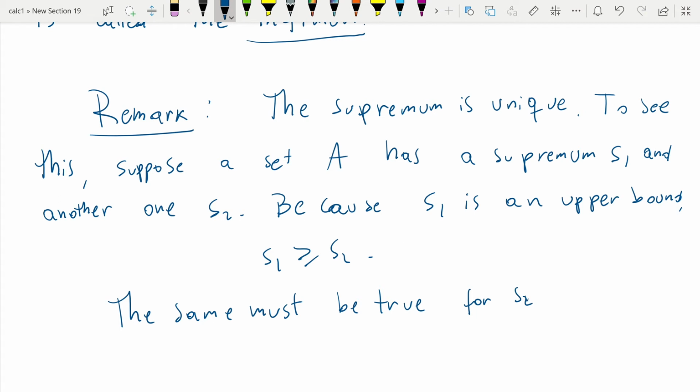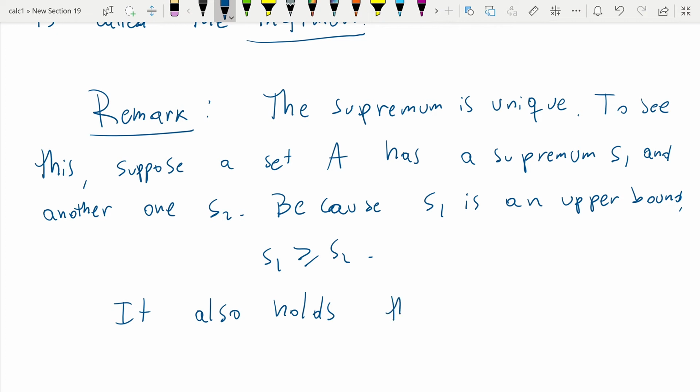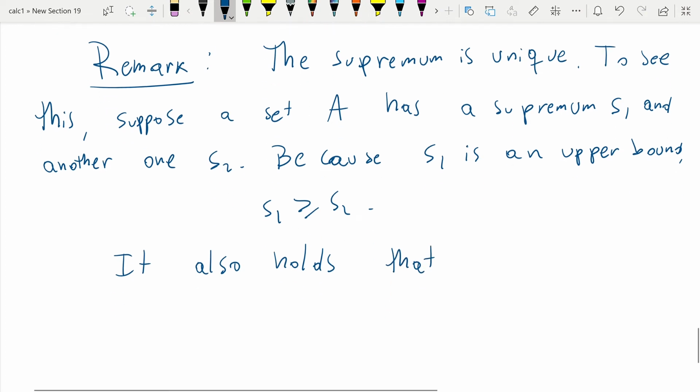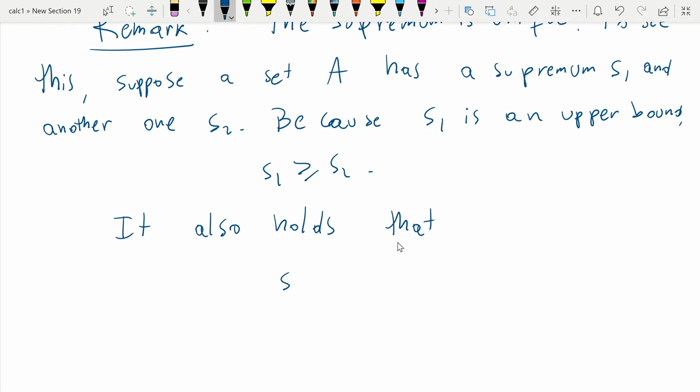So let me rephrase that. So let me put it this way. In the same way that we deduce this inequality, we can say that it also holds that S2 is greater than or equal to S1. Because S2 is an upper bound, and since S1 is a supremum, then S2 must be greater than or equal to S1.